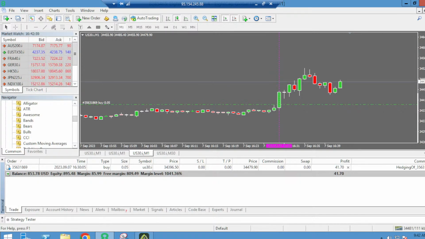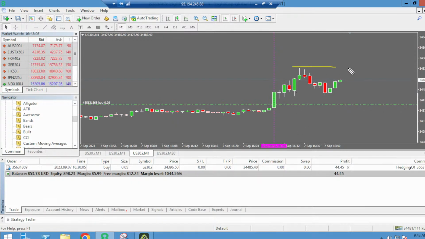Volatility is starting to die down, but if we can cross this level, if price can get above here, we may get a pullback to this level and continue moving up. Let's see if we have enough time to catch that.